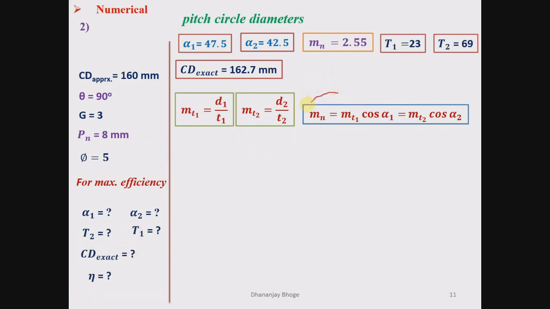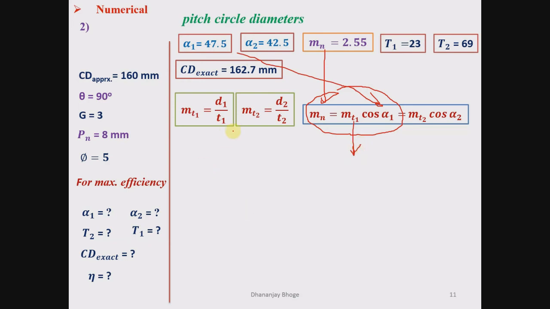Use this Mn is equals to Mt1 cos of alpha 1. We know Mn is 2.55, alpha 1 is 47.5. So get the value of Mt1. किती आला Mt1?